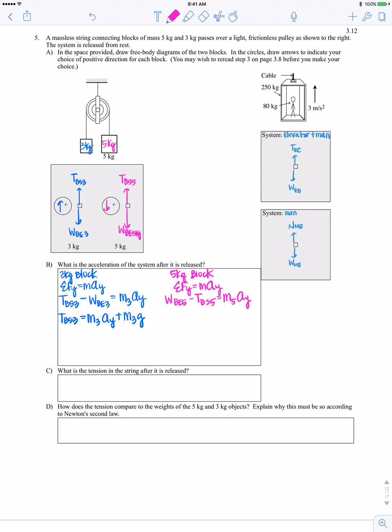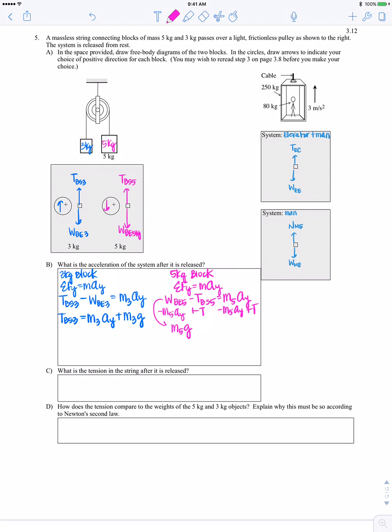I can move tension to the other side and subtract M5 A_y, so that weight minus M5 A_y equals tension.